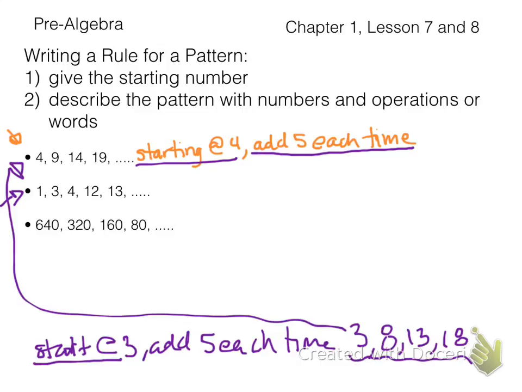The only way to get from 3 to 4 is to add 1. But then, how do I get from 4 to 12? I can either add 8 or multiply by 3. Oh, but that multiply by 3 was a possibility from 1 to 3, so maybe that's what's going on. And then going from 12 to 13 is an increase of 1, the same increase of 1 that I went from 3 to 4.